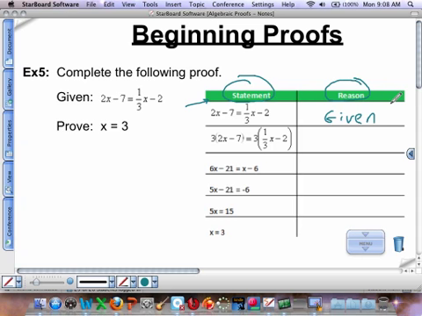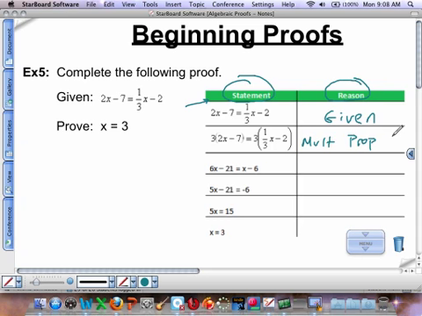Cheyenne? You're multiplying 3 on both sides. Yeah, so therefore, why is that okay? That's the multiplication property. That's what we're going to put down. The multiplication property. Oh, but we haven't distributed yet. We've only multiplied. Okay.